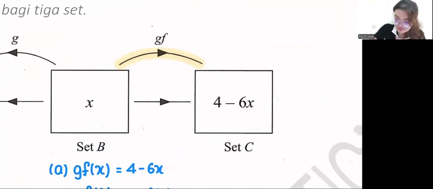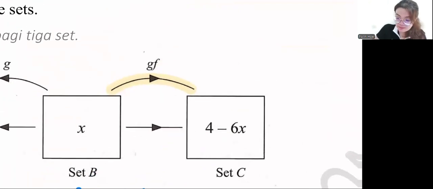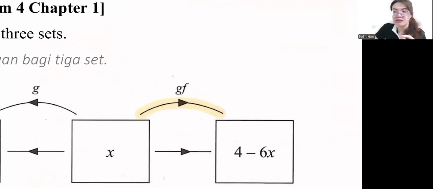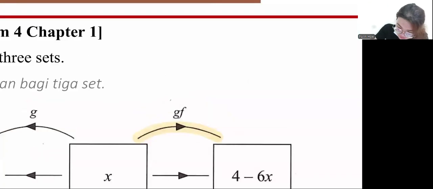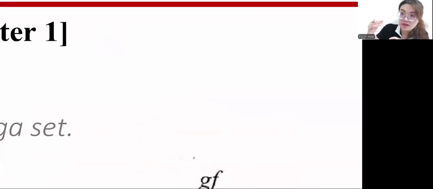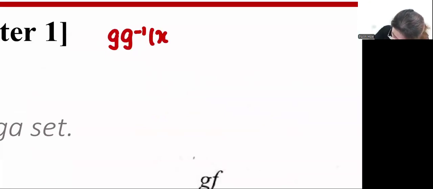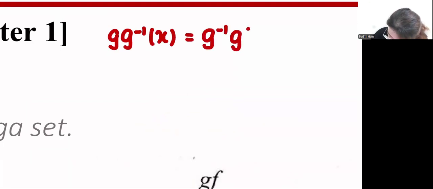But the question, 为什么它题目会讲 without finding G inverse X? 为什么它会要求 without finding? You need to always remember, okay, function G, red color is something important. A function G with its inverse will be equals to the function X, what will it equals to?